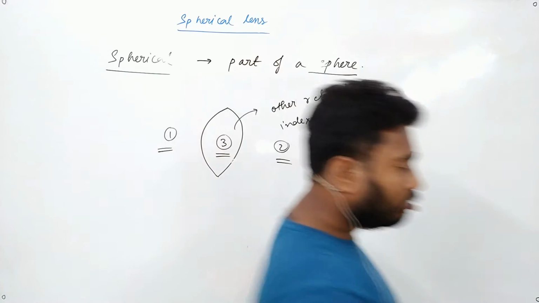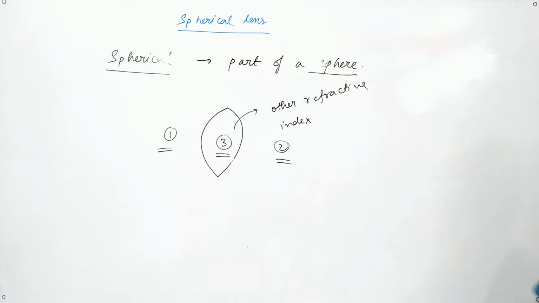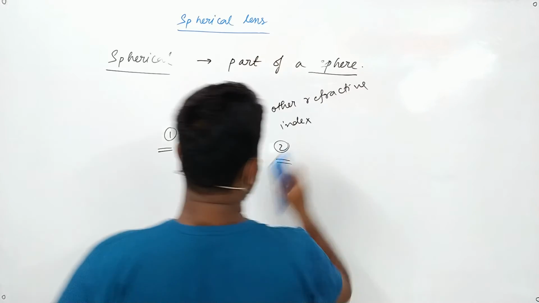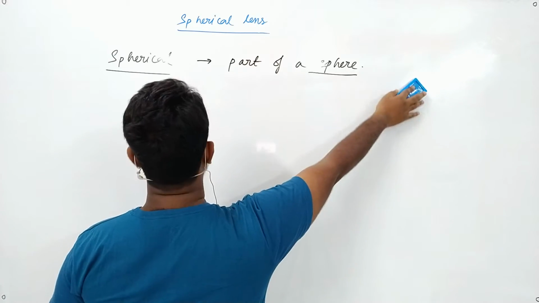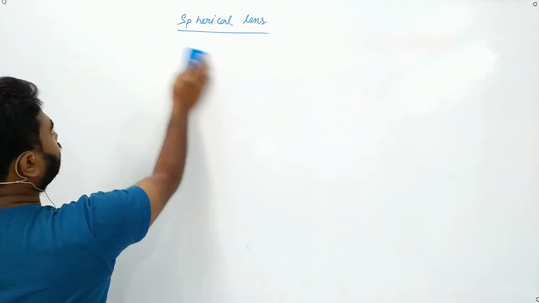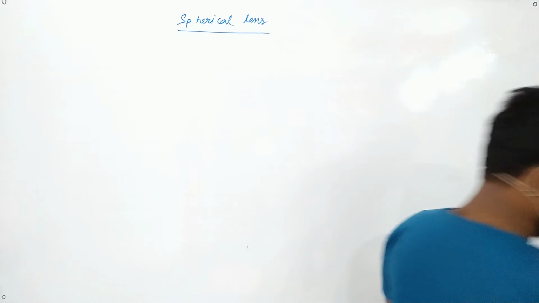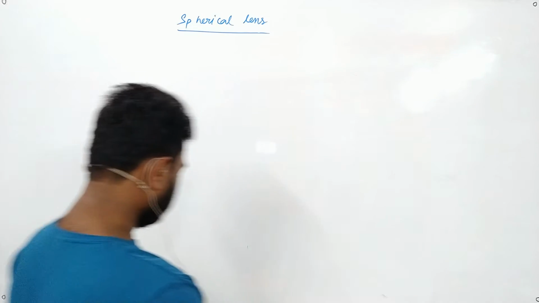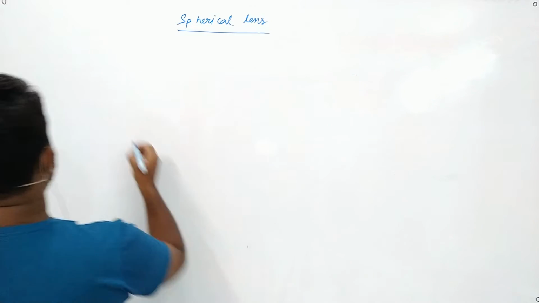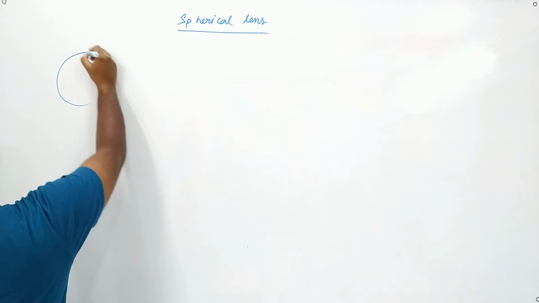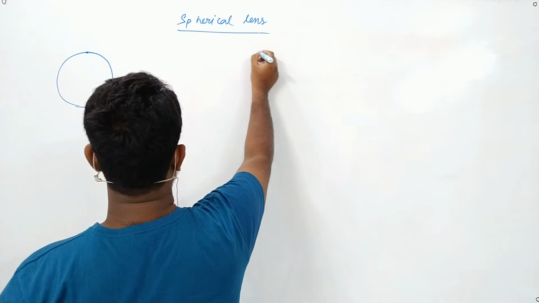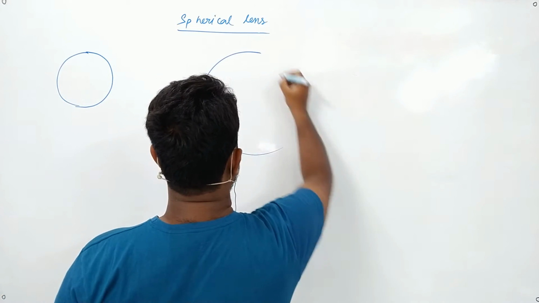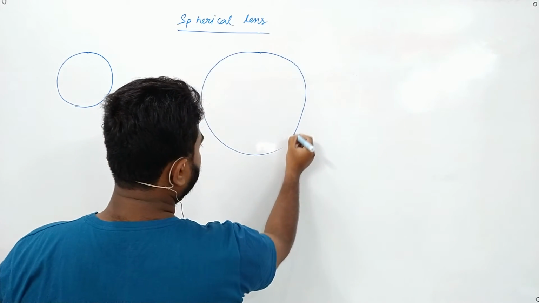Now we will first get the idea of lens from a sphere. Suppose you have a sphere here, and suppose you have another sphere here.